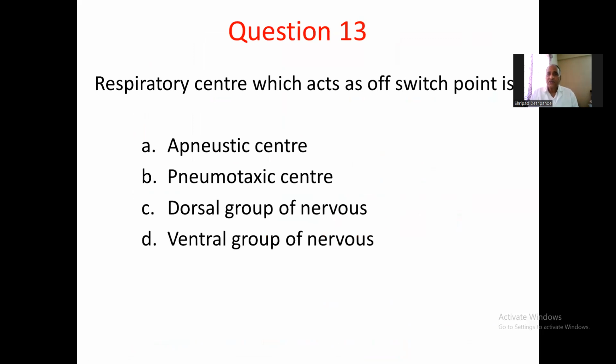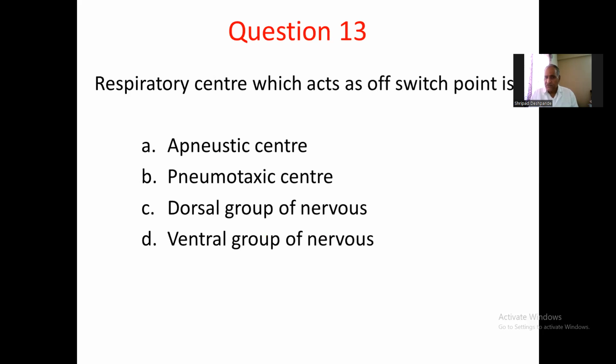Question number 13. Respiratory center which acts as an off switch point is A, apneustic center, B, pneumotaxic center, C, dorsal group of nervus, as they have typed, D, ventral group of nervus. There is nothing like dorsal group of nervus and ventral group of nervus.